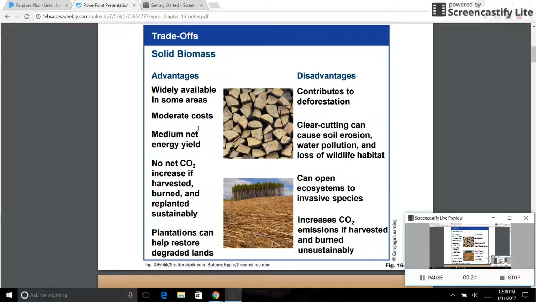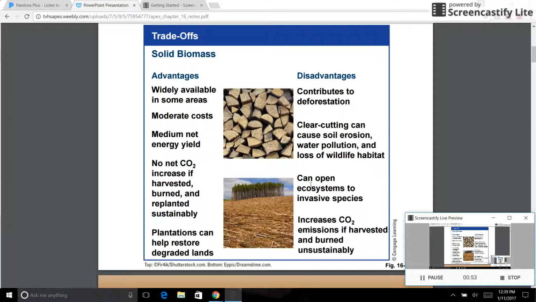One of the big things with solid biomass is that we are able to replant and restore, especially some degraded areas. So it is a renewable resource, but obviously it's going to take time for it to replenish itself. On the flip side of that, when we're cutting those down, it can and does contribute to deforestation, and especially in less developed areas, tropical regions in particular.